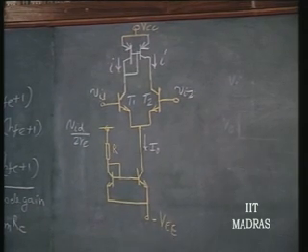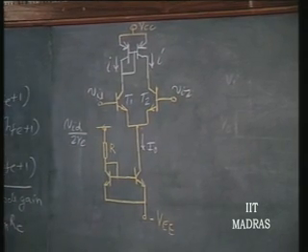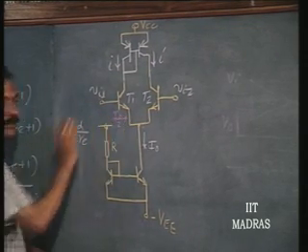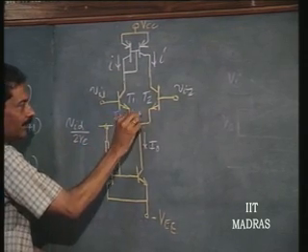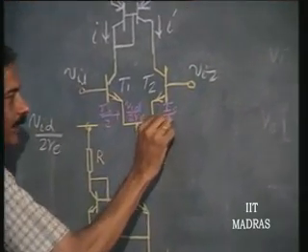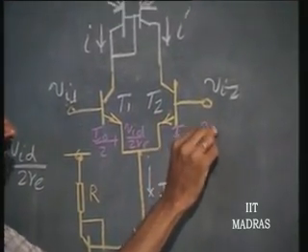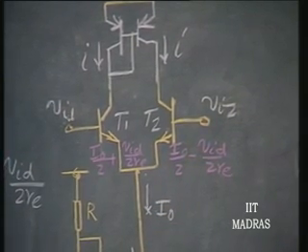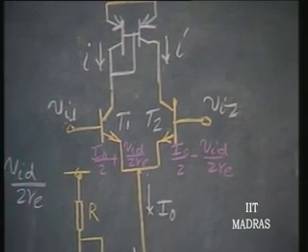So, the current here is going to be I naught by 2 plus VID by 2 RE, and this current is I naught by 2 minus VID by 2 RE. All of you agree with this?